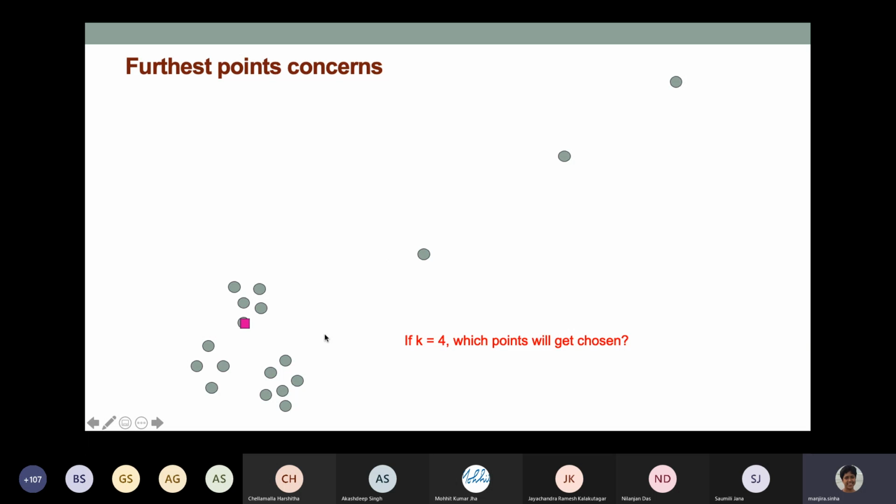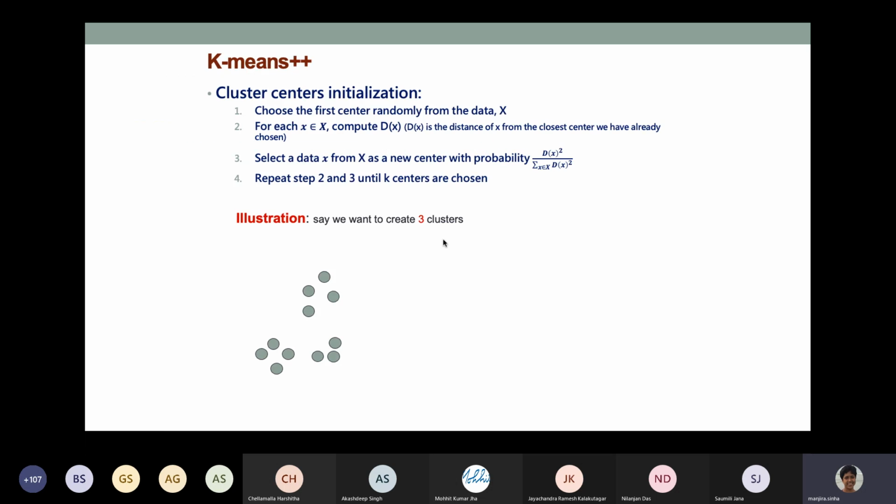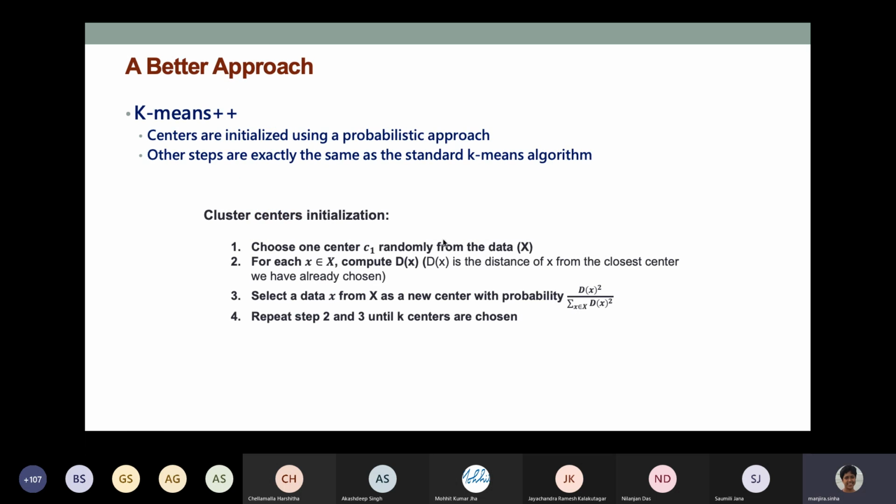But when I normalize the D(x) with the sum of all the other D(x)'s, its probability will not be that high to get chosen as the second cluster center. So that is the intuitive understanding. Now see, no approach can guarantee 100% that no outliers will be chosen, but we are again maximizing our chance as much as possible.